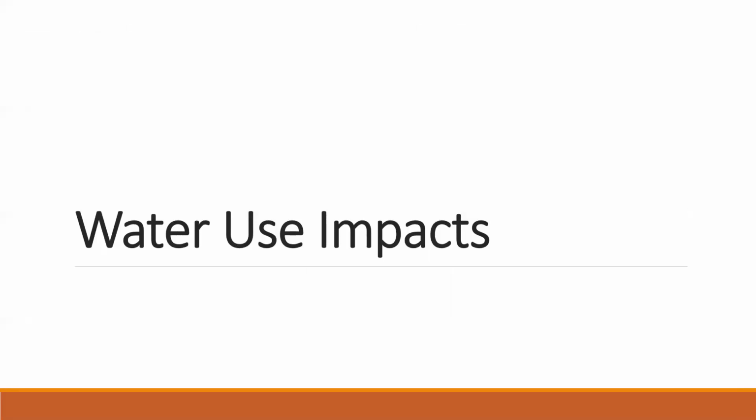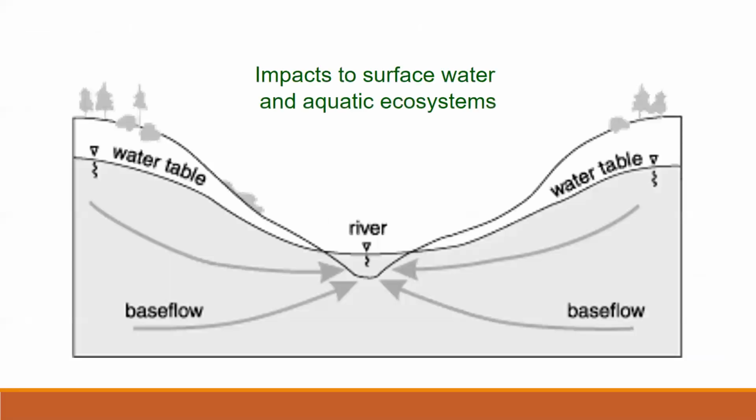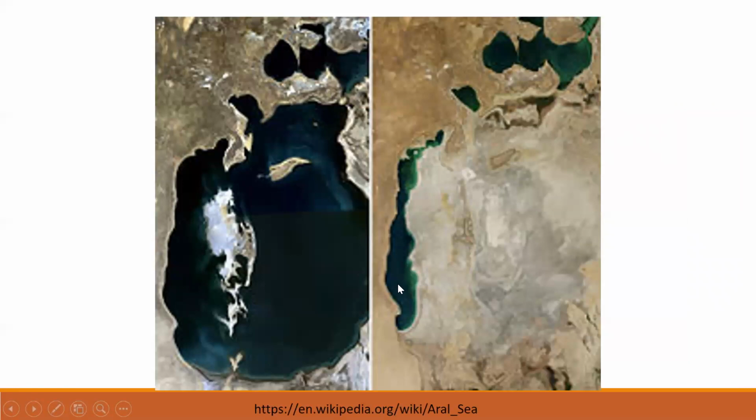Okay, water use impacts. To further complicate the matter, I already spoke a little bit about pollution, and I have a separate lecture talking about pollution. But just a few general things here, a little bit of an overview. First of all, our water use draws water out of other reservoirs, and that can make it so that aquatic life doesn't have enough water for their needs.